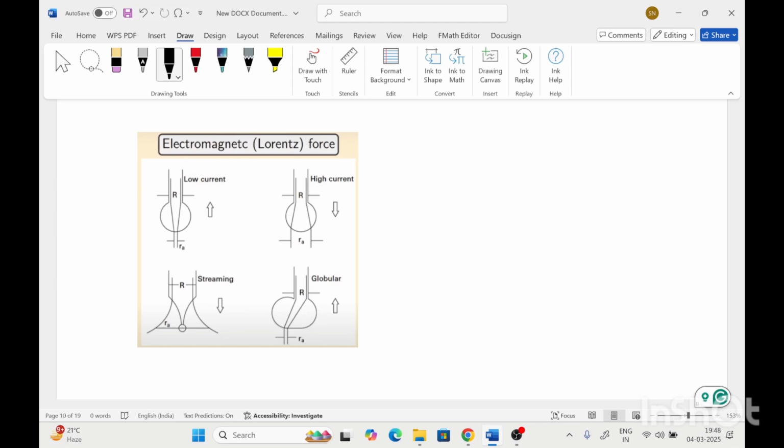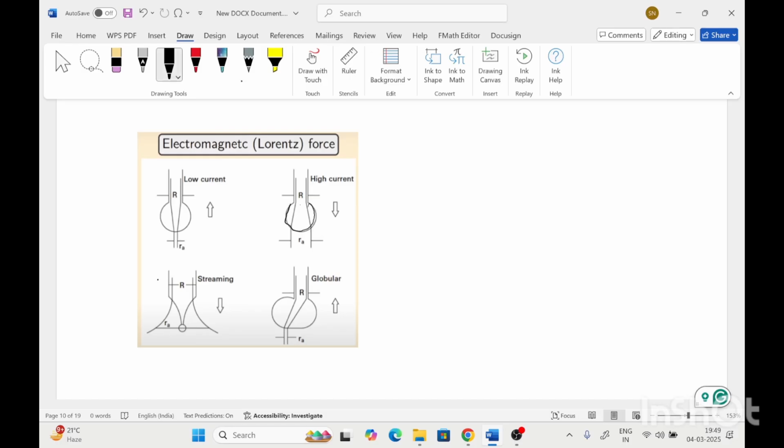For a high current, where RA is much greater than the capital R, this will lead to the detachment, and the size of the droplet will be big.